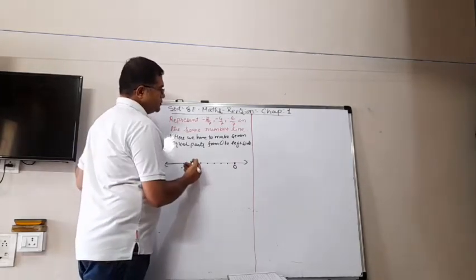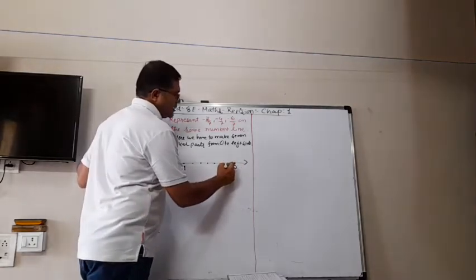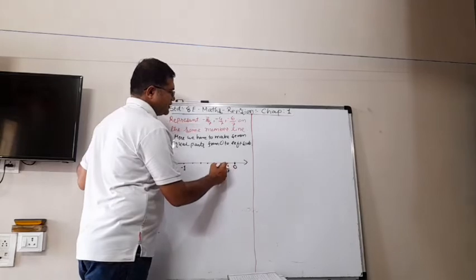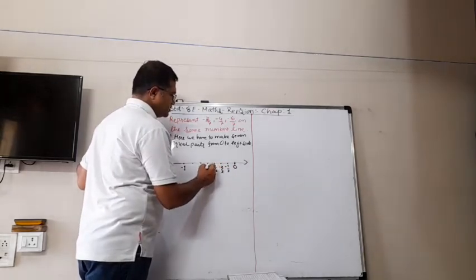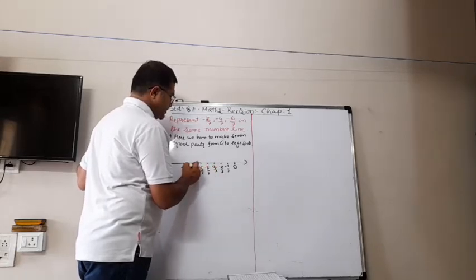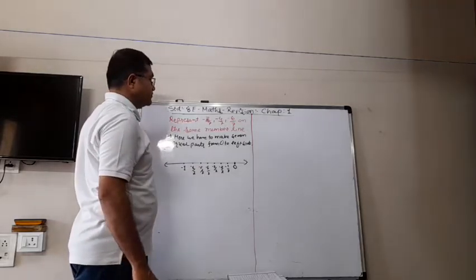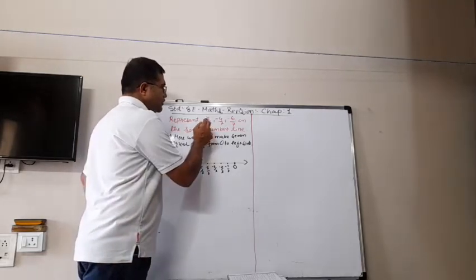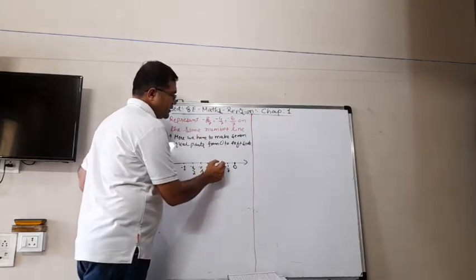Then from the right side, the first one will be minus 1 upon 7, second is minus 2 upon 7, minus 3 upon 7, minus 4 upon 7, minus 5 upon 7, and minus 6 upon 7. Now we have to represent minus 2 upon 7, that is here.